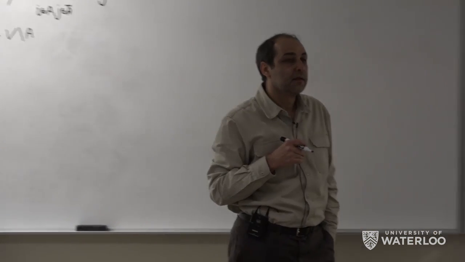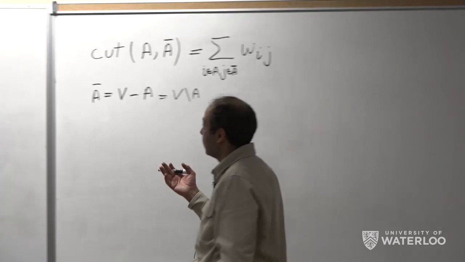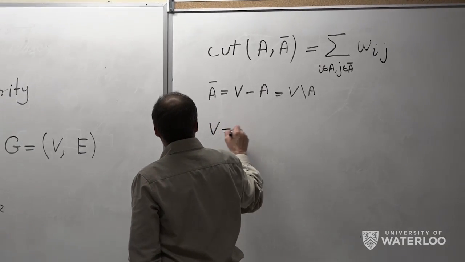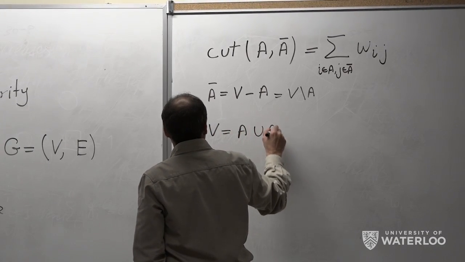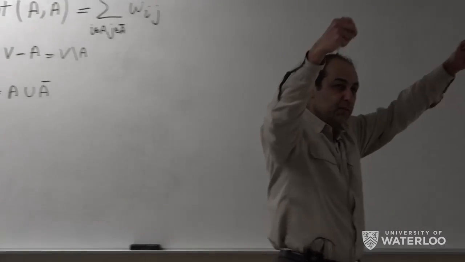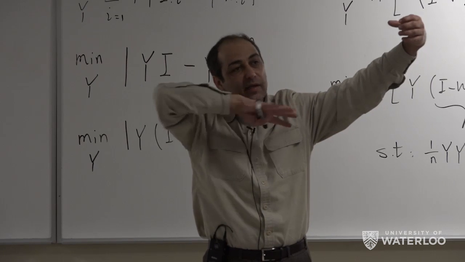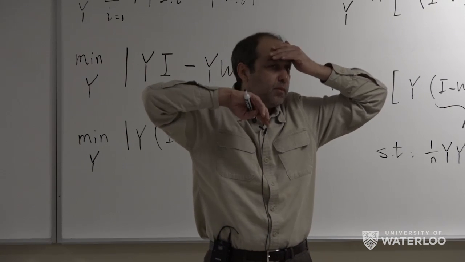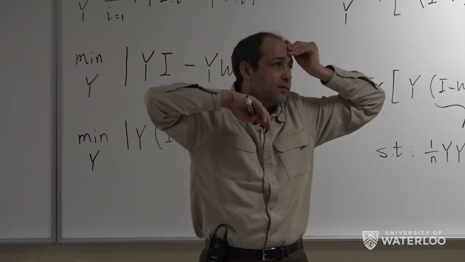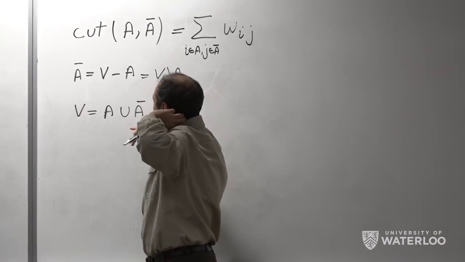Yes? A is a subset of V. You know, V is A union A bar. So you have some nodes. A subset of nodes goes to one set A. The rest of nodes go to A bar. Okay.